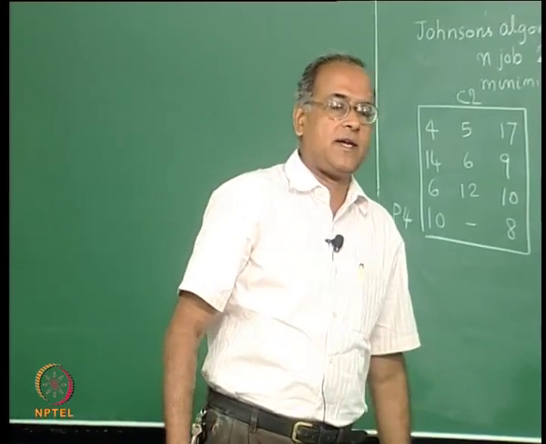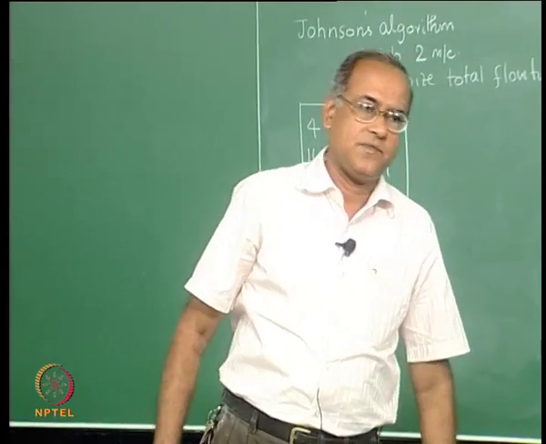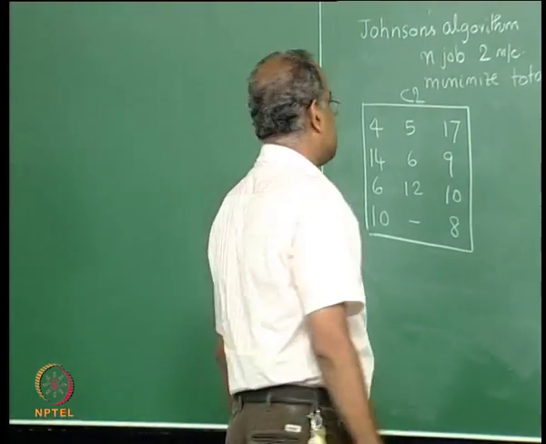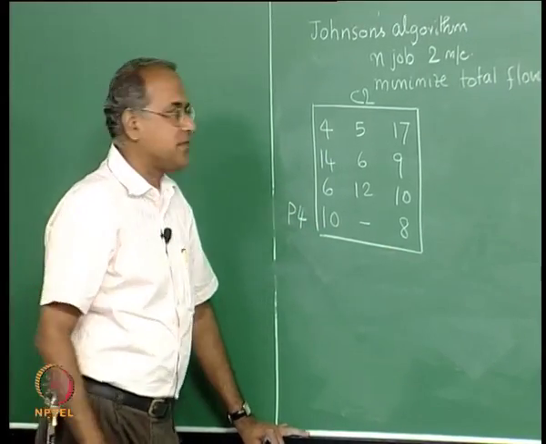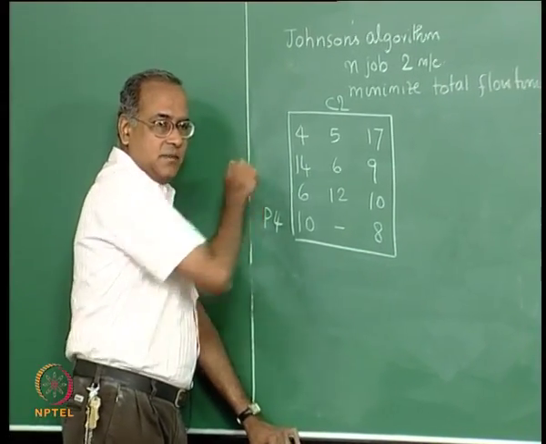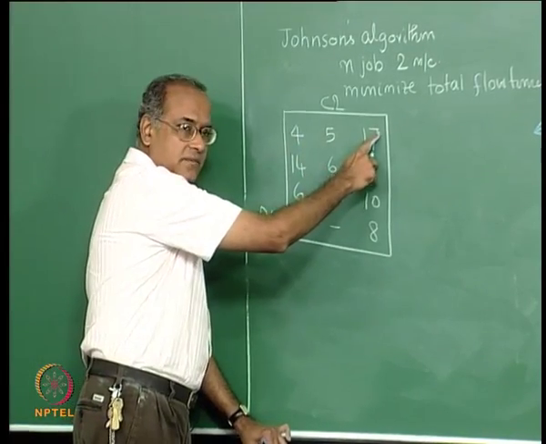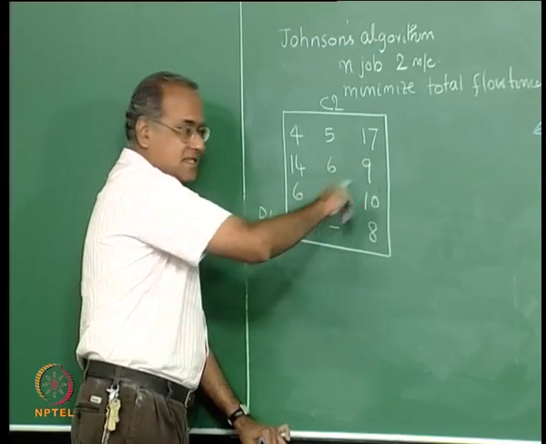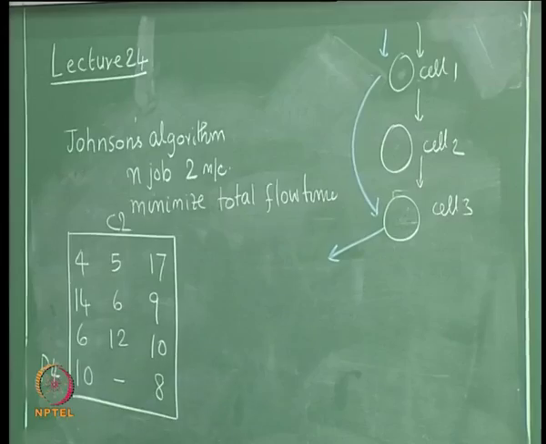So, we could apply typically what are called the job shop algorithms to do that. So, we now assume that each job has a unique order of visit of the machines. Job 1 will visit the cells in the order cell 1, cell 2 and cell 3; these 3 are the same. This one is cell 1 and then directly to cell 3.